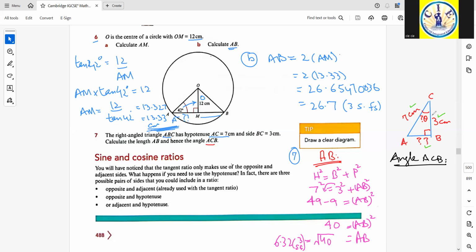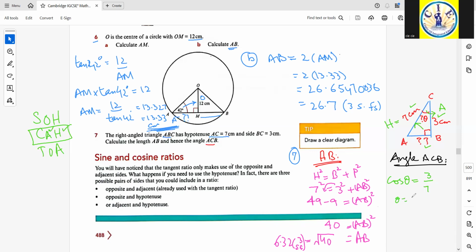So the adjacent side to this angle is known, and the hypotenuse is known. So I would be using a trigonometric ratio that involves the adjacent side and hypotenuse. That is cosine. So cosine of the angle theta equals the adjacent side, 3 centimeters, divided by the hypotenuse, 7 centimeters.